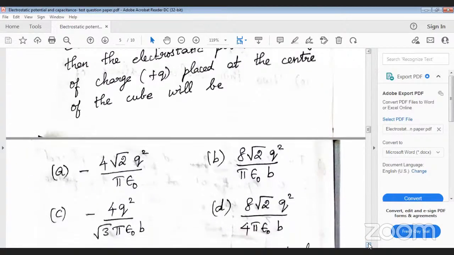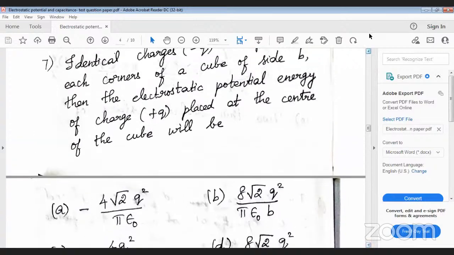You have 4 options, and we need to select the correct option.